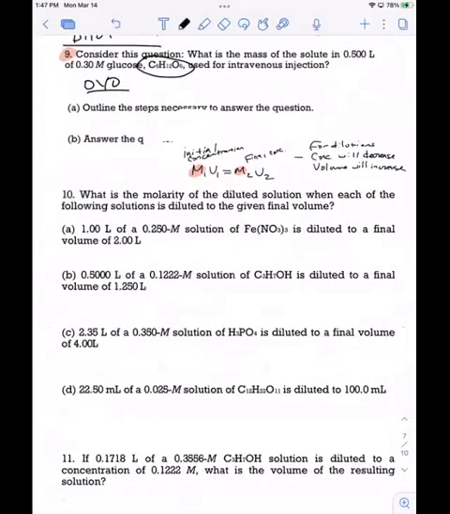We have iron 3 nitrate solution, and it gives us the numbers that we need. We have 1 liter of solution here. 0.25 molar is the concentration, and it says it's diluted. So that means that the concentration is going to go down to a final volume of 2 liters by making the volume go up.